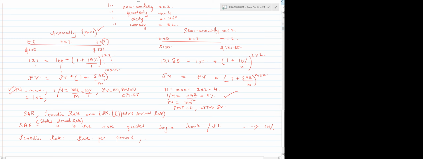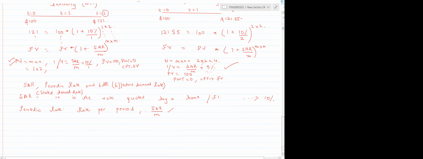So guys, when we were compounding semi-annually, what was my rate per period? 5%. How did I get 5? SAR by M, where M is the number of compoundings within a year, right? So rate per period is stated annual rate by M, where M is the number of compoundings within a year.